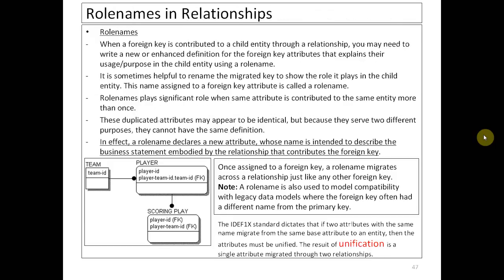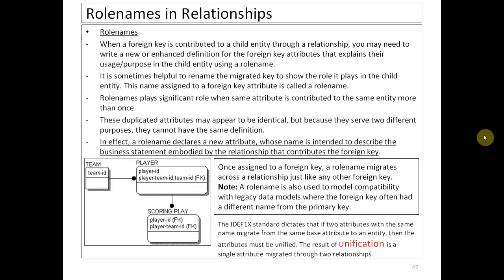Role names in relationships. When a foreign key is contributed to a child entity through a relationship, you may need to write a new enhanced definition of the foreign key attributes that explains the usage or purpose of the attribute in the child entity using a role name. Normally, when we migrate an attribute from the parent entity to the child entity, the attribute name is migrated as is.